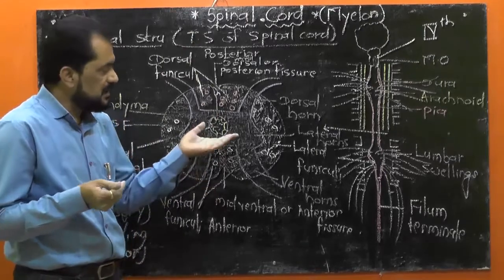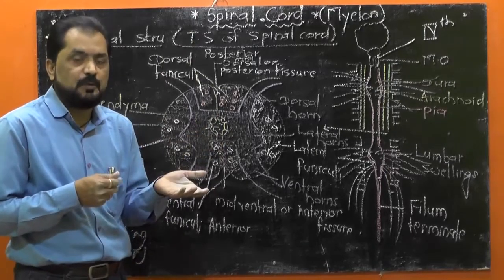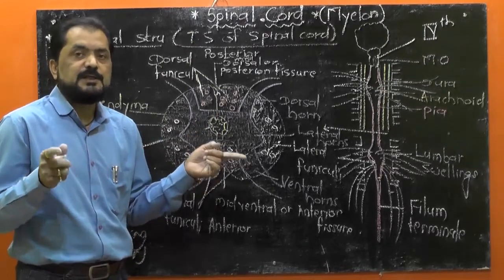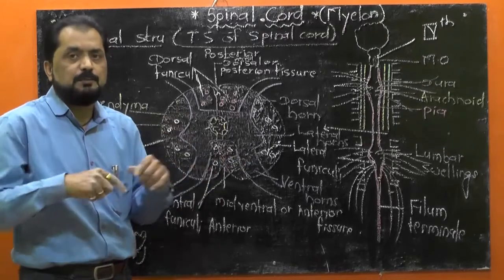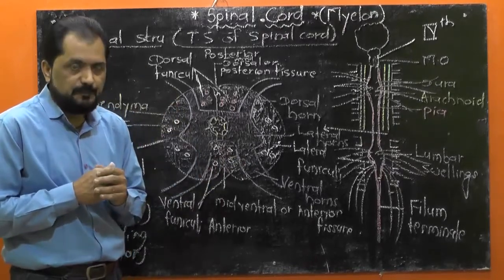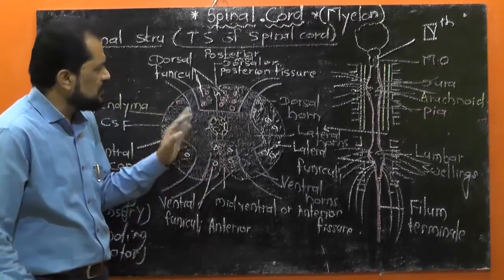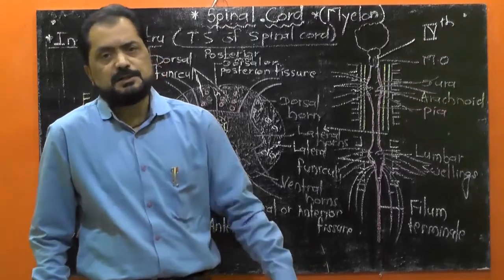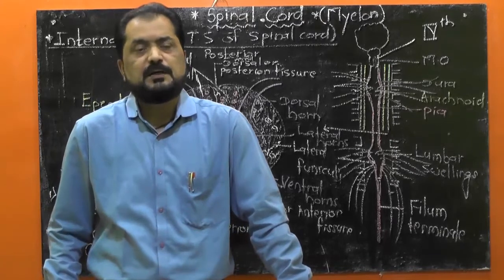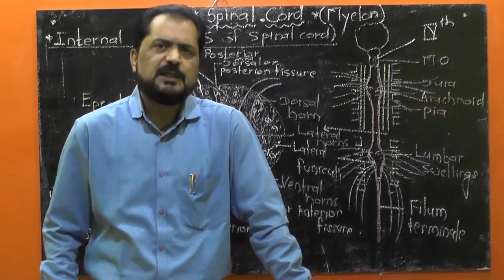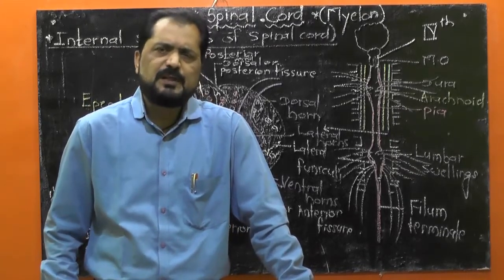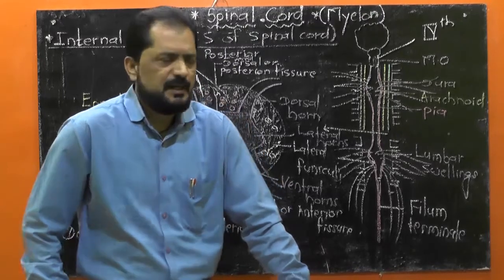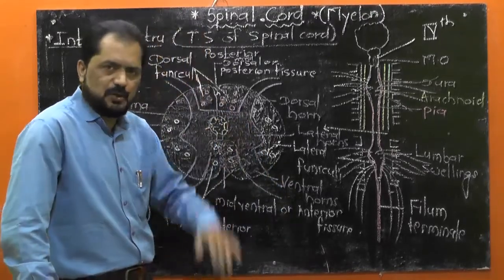Of course, the spinal cord, with the help of spinal nerves, connects the different body parts with the brain. Another important function of spinal cord is that it acts as the center of many different reflex responses. Many of the reflex responses are given at the level of spinal cord.